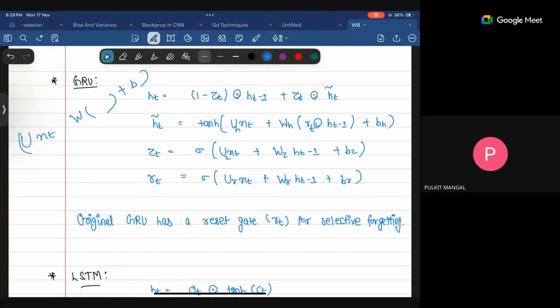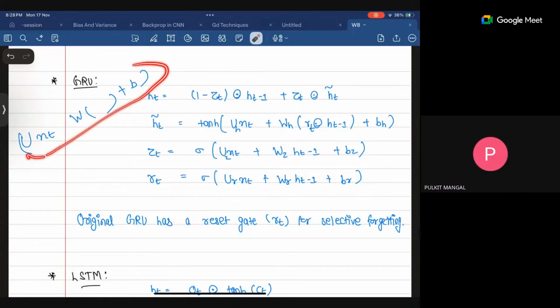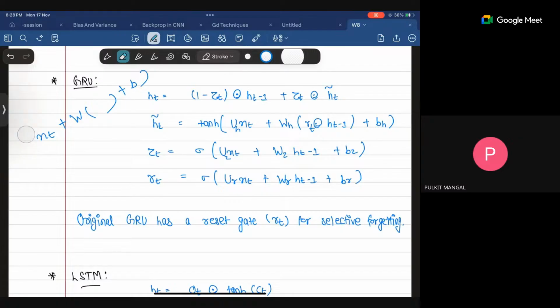If it is used in a probabilistic way, you pass it through sigmoid, else you pass it through tanh. So the format of the equation is U multiplied with the input vector plus W multiplied with either the hidden state or how much information we are keeping from it, and the bias term gets added.